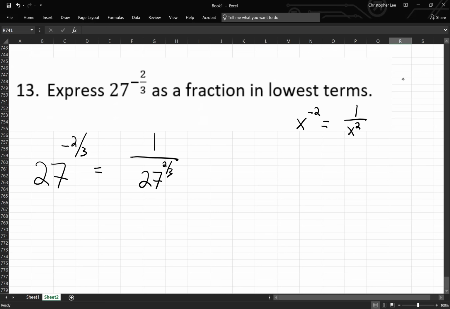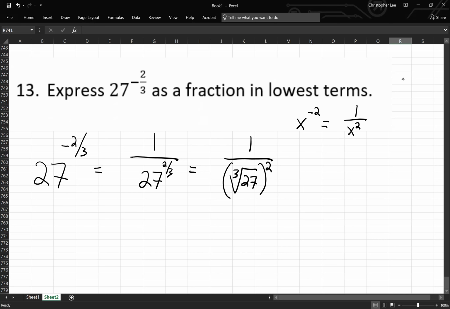After that, now we're just going to solve it. When you have a fraction power, whatever is in the denominator of the fraction, that's going to be your root. So this is going to become 1 over the cube root of 27. And then when you get that answer, you square it.